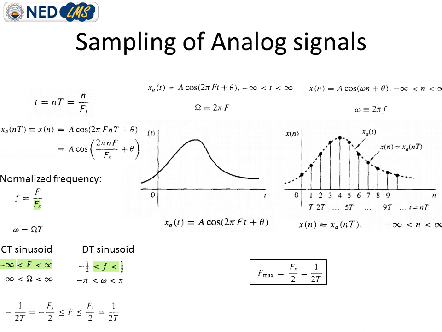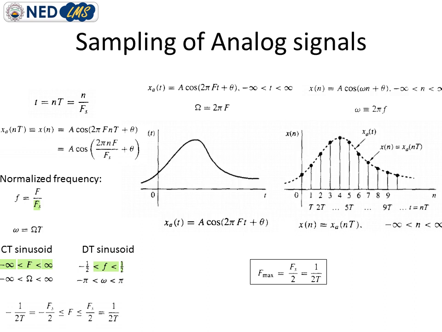So if we have a continuous time sinusoid and we apply uniform sampling on it to convert it into the discrete time domain, then xa of t becomes xa of nT because the sampling interval is uniform.